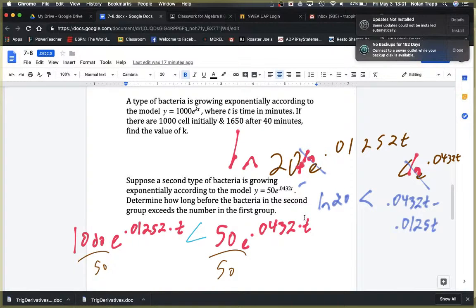So I'm going to check it on my calculator. So now it's log of 20, then needs to be divided by this.